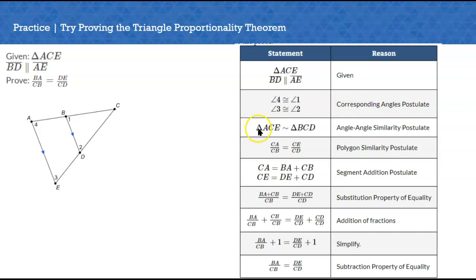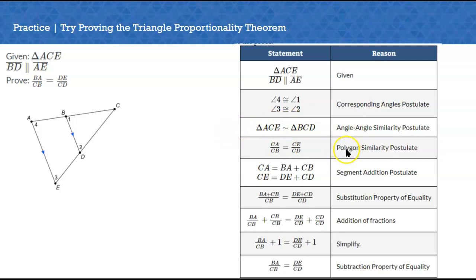Now, triangle ACE is similar to triangle BCD because of the angle-angle similarity postulate, meaning that because these two angles are congruent and these two angles are congruent, then the angle-angle similarity postulate says that these two triangles are similar.